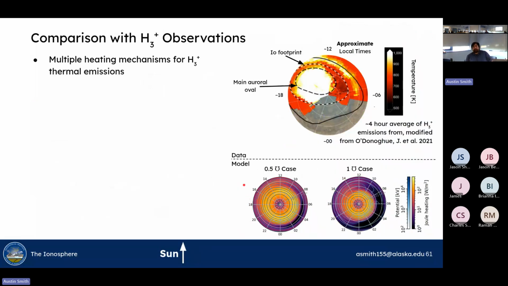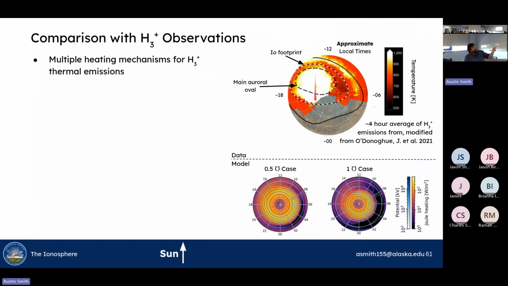Also at Jupiter, and actually all the other planets, we have H3+, which is kind of a bizarre species. Don't really think about H3+, but H3+ is great because it has a thermal emission band, so you can do basically remote sensing in the ionosphere with this compound, which is not the major species, but is a pretty significant minor species.